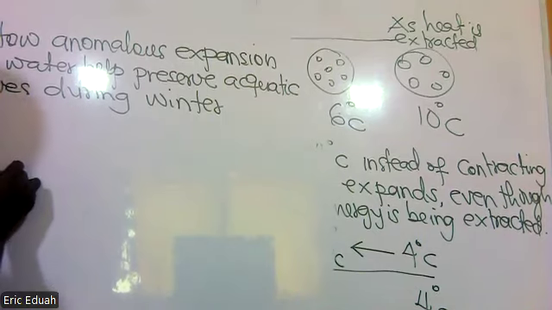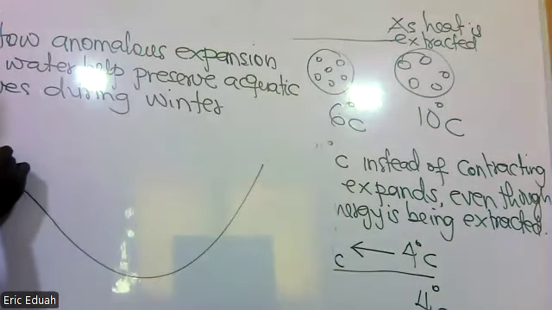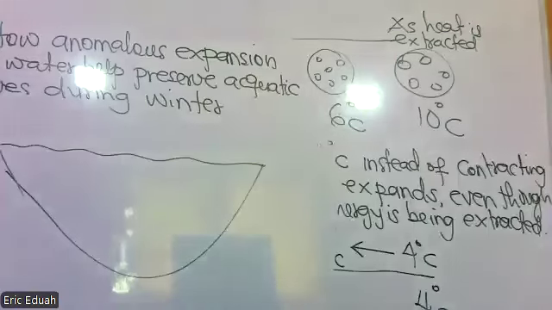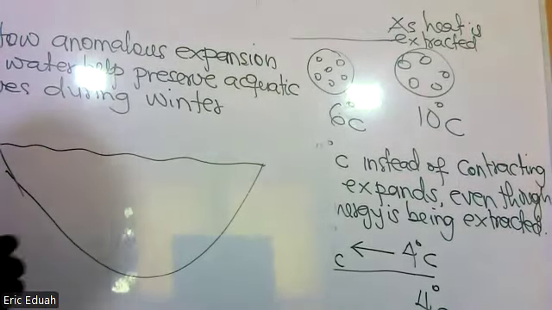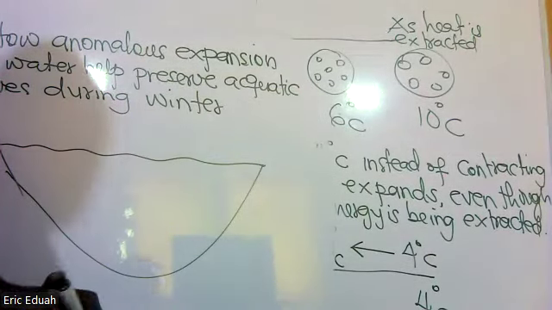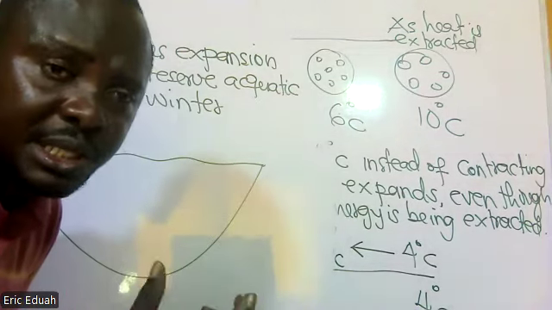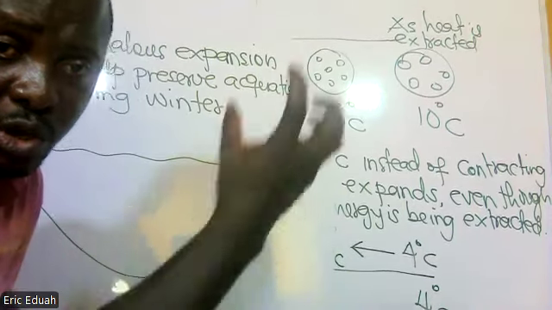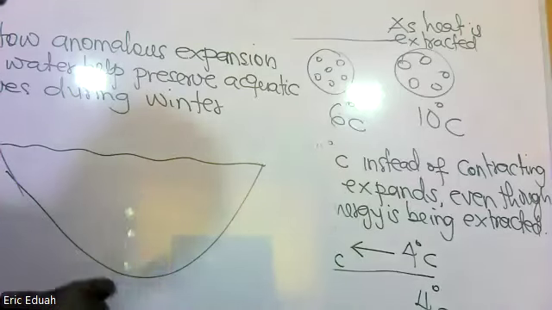So let's take this to be a pond. This is the surface of the pond. Now, during winter, the temperature of the surrounding is being cooled. So it is similar to having placed an object in a freezer. It will be cooled, and when cooled, heat energy will be extracted out of it.